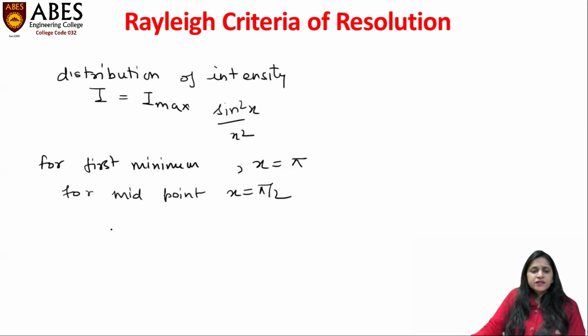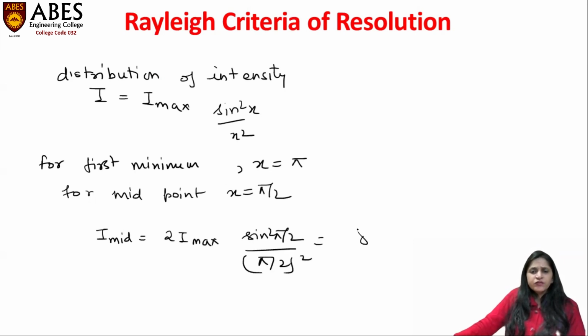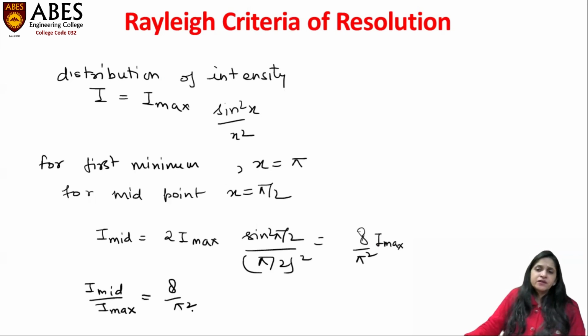When we calculate this, I mid is equal to 2 times I max sine square pi/2 upon pi/2 square, which gives the value 8 upon pi square into I max. So I mid upon I max is equal to 8 upon pi square.